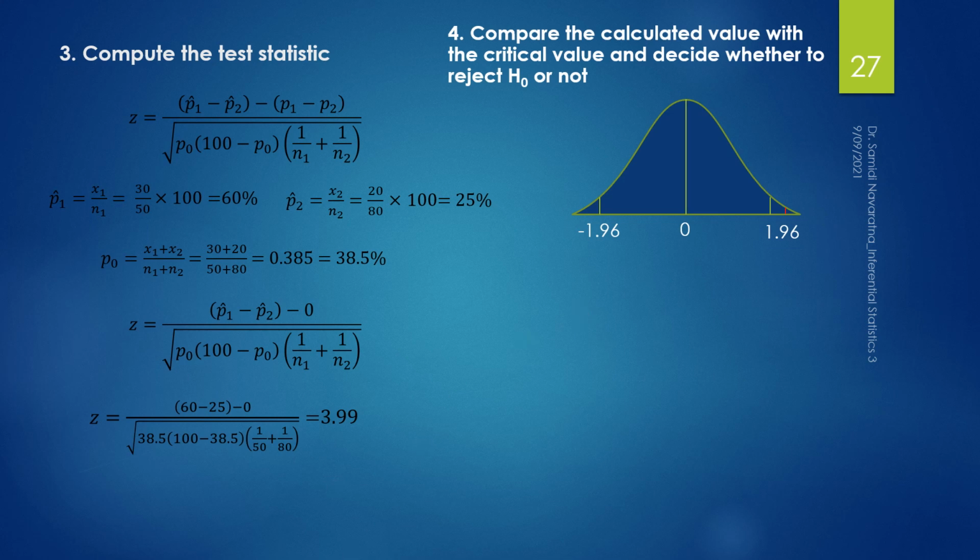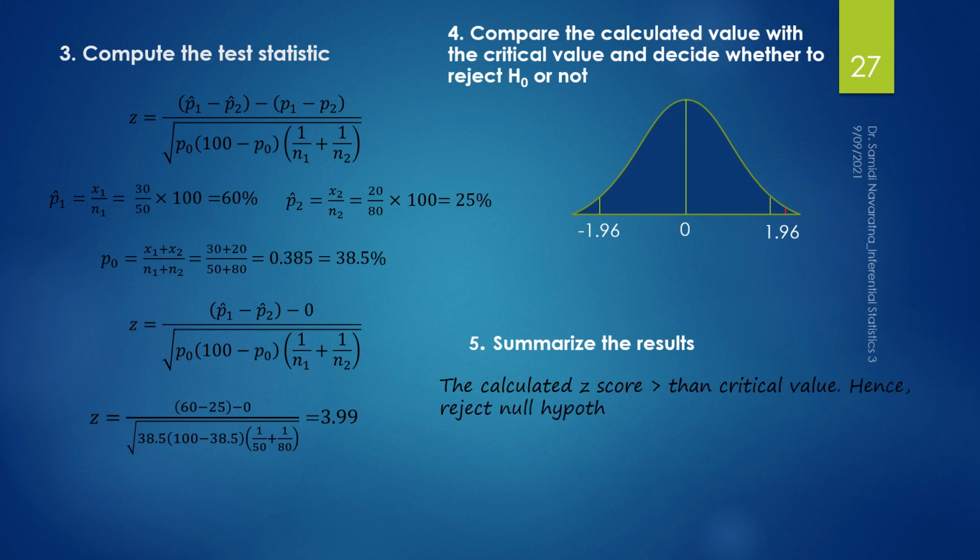So let's come up with a summary. The calculated Z score is larger than the critical value. Hence, reject the null hypothesis. The difference observed is statistically significant at alpha equals 0.05 significance level.